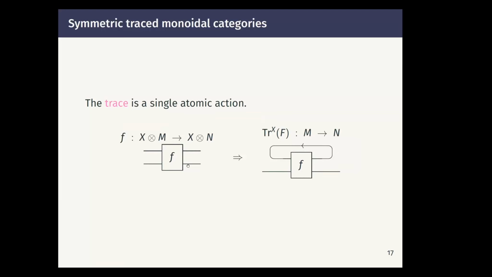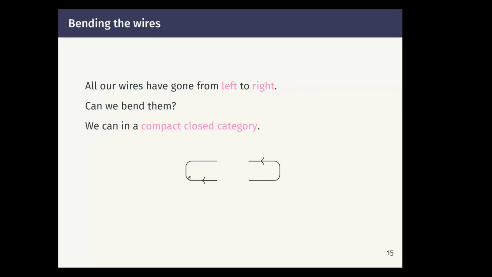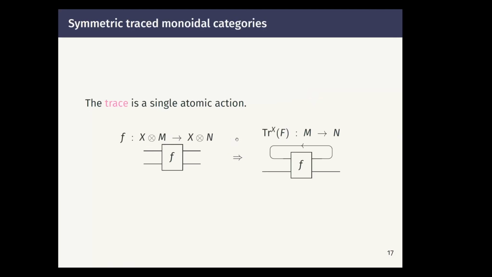I didn't quite get that, because you said in some cases this is going to blow the circuit up. Oh, that's only when using this other way of bending wires, the compact closed one. Oh, I see, this is different. Yes, the compact closed structure has these bends, but that can mean we have bad things. So instead, we're using this trace, where we do everything in one go, rather than constructing it from two of these curved ones. Okay, thanks. Great.